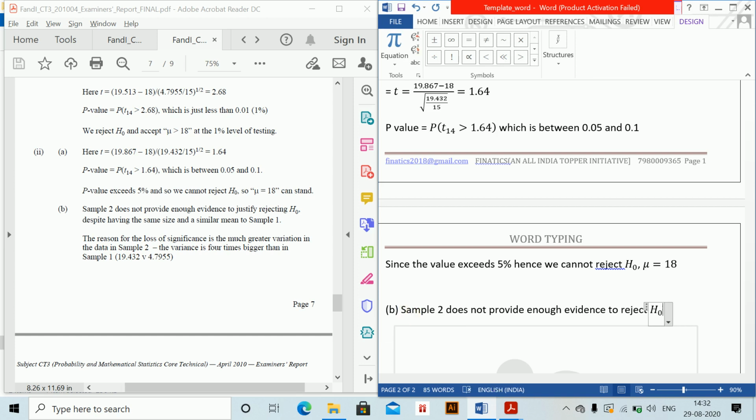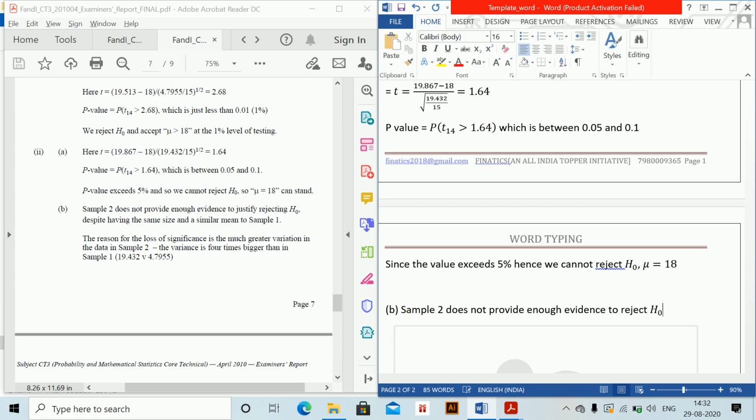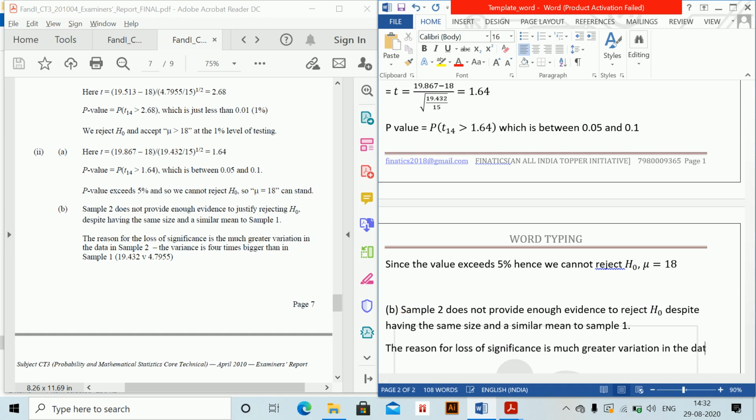Okay, despite having the same size and a similar mean to sample 1, the reason for loss of significance is much greater variation in the data in sample 2.